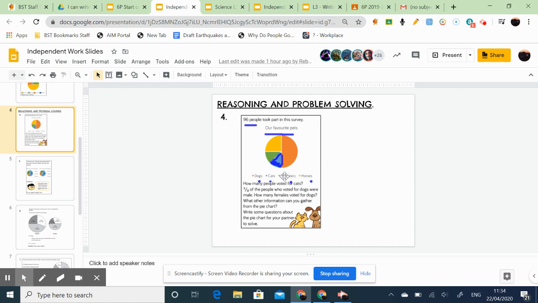So dogs is half. So I know what I'm going to do here is I'm going to work out exactly what half of 96 is. And then that tells me how many people have voted for dogs in total.